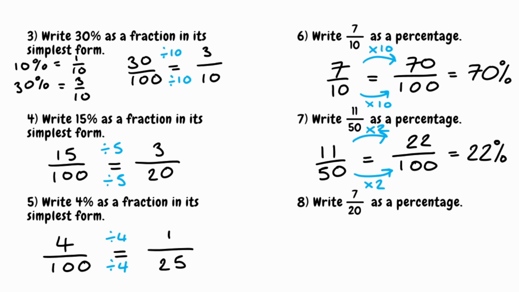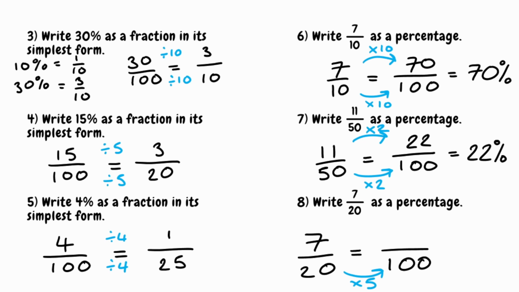And for this very last question, we now want to write 7/20 as a percentage. So I'm just going to copy that 7/20 down. And again, I want it as a percentage. So the first thing I'm going to do is find an equivalent fraction, if I can, that is over 100. How do we get from 20 to 100? All we're going to do here is simply multiply by 5.